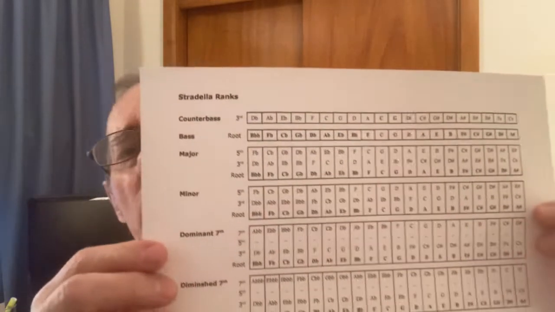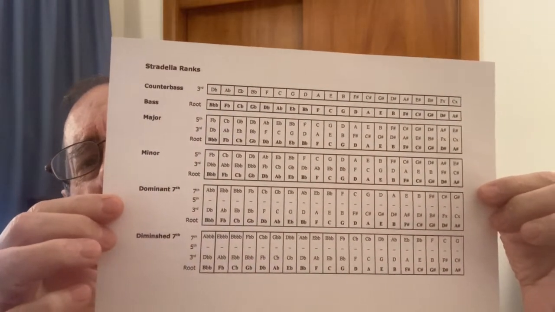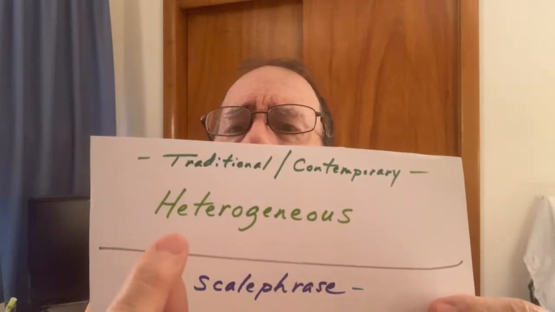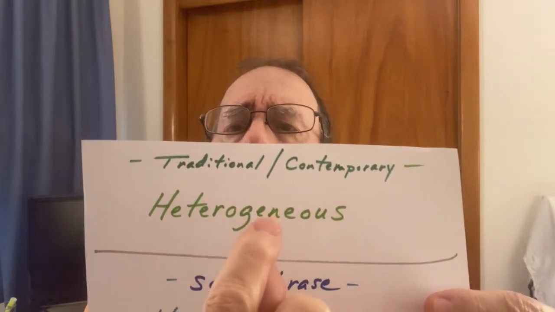Now, I tried to show the difference between the traditional chart, which I've shown you many times, and my own personal chart, which I'm only now showing you because this one's handier, and that's why I call it the handy chart. Well, the main difference, I think, is because the traditional contemporary chart is heterogeneous, meaning it's not completely consistent, not entirely uniform.